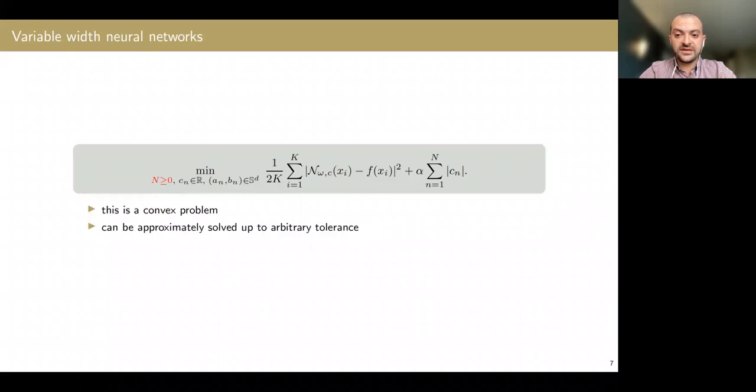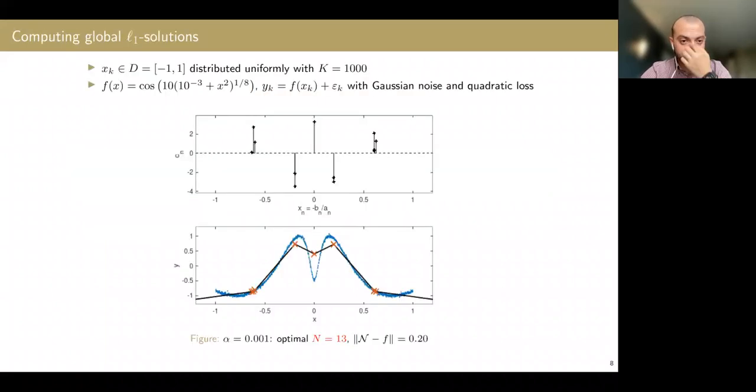Due to positive additivity. In this case, we assume our data is sampled from [-1, 1] uniformly, and we have 1,000 points. We look at the function cosine of 10 times (x^3 plus x^2) to the power 8, and then y_k is equal to f(x_k) plus epsilon_k, where epsilon_k is Gaussian noise.